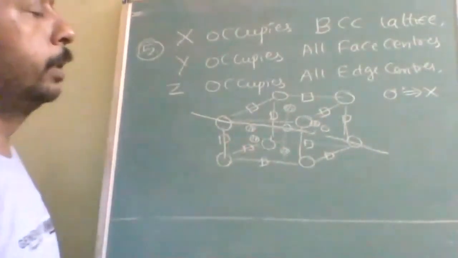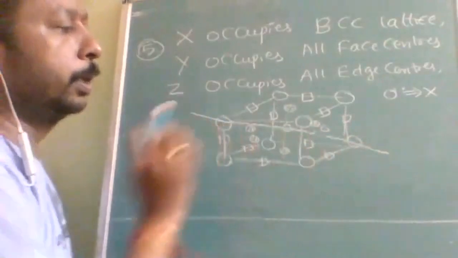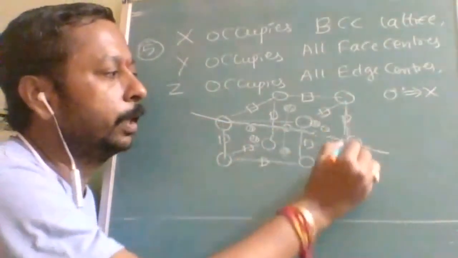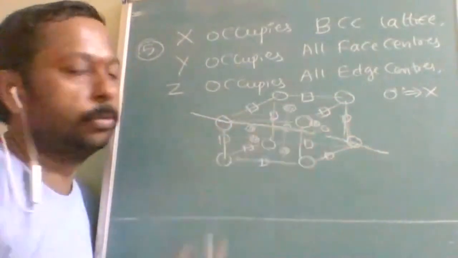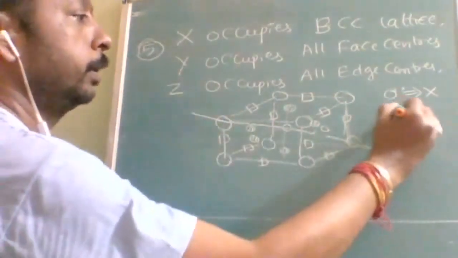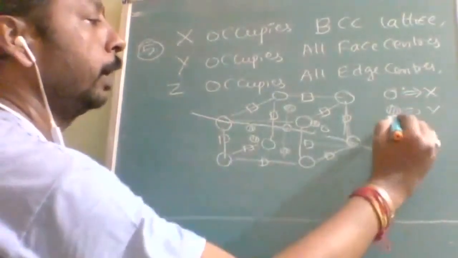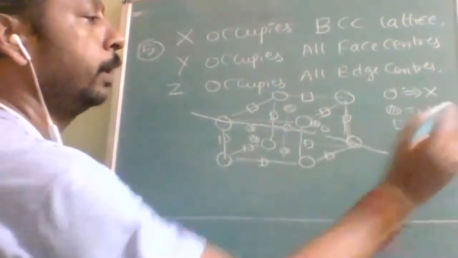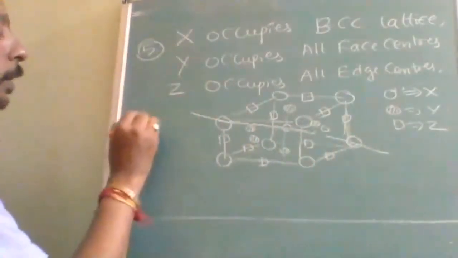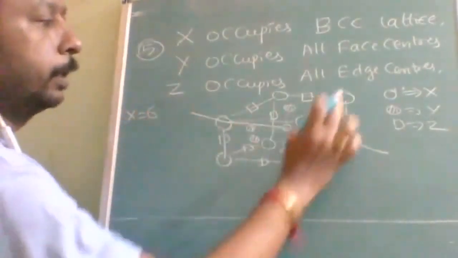One body center and two corners are lost. There is no loss to the others. So now this is Y and this is Z. Is the diagram clear? Now number of X is equal to 6. Only 6 are left over.